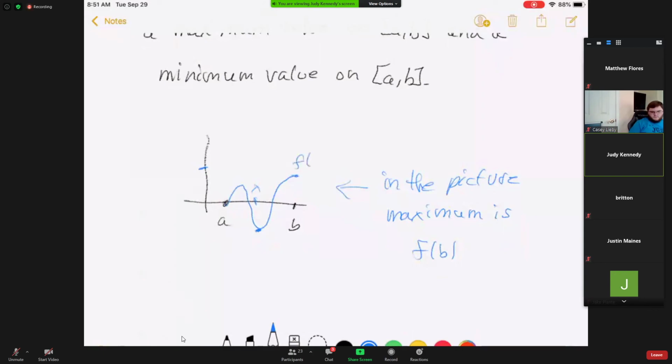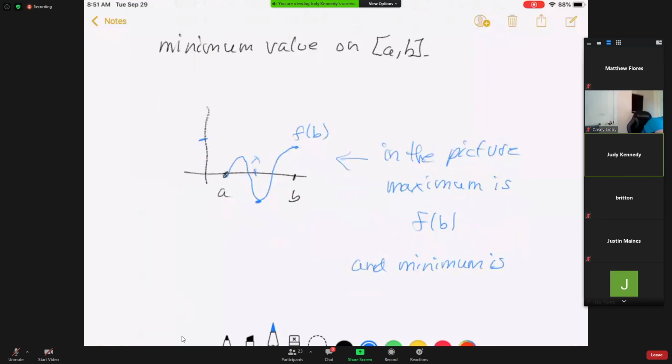So f of x, whatever that x is, is the lowest point, and the highest point would be f of B in the picture.